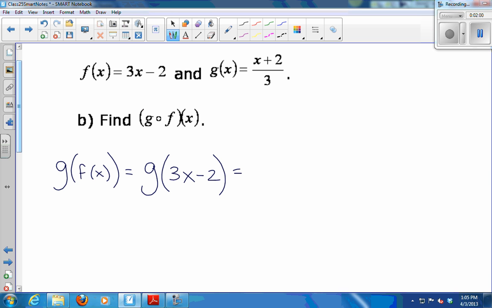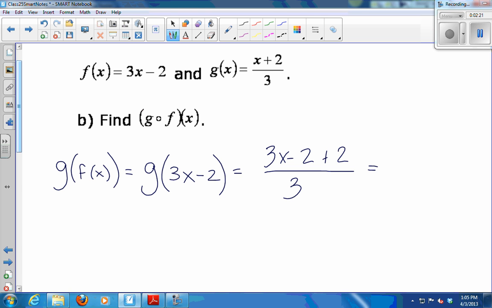And then this means in the g function, I'm going to replace all the x's with 3x minus 2's. Okay, so instead of x plus 2 over 3, it's going to be 3x minus 2 plus 2 over 3.